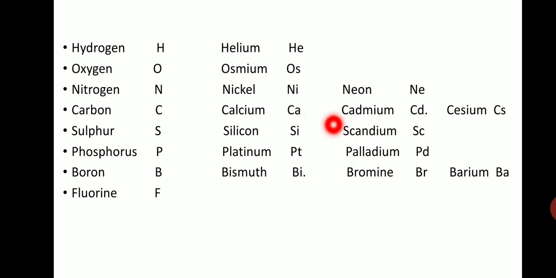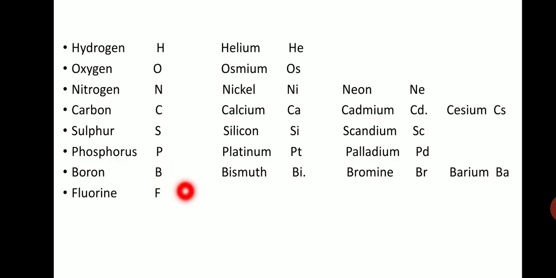Cesium we are representing as Cs. Sulfur is written as S. Silicon is written as Si, but scandium is written as Sc. Phosphorus is written as the single letter P, but platinum we use Pt, the fourth letter. But palladium is written as Pd.